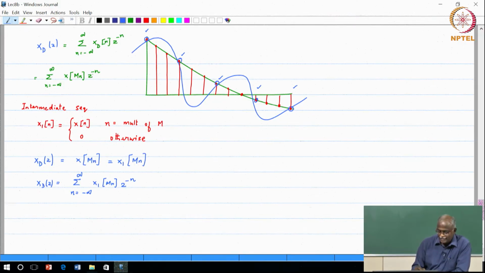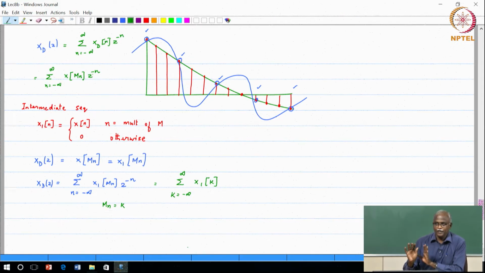Probably not seeing any benefit at all of having defined x1[n] except the following. Now I would like to do a change of variable, Mn equal to k. Please note I am going to change the variable, and this is going to be a very, very important step. So k going from minus infinity to infinity, x1[k].